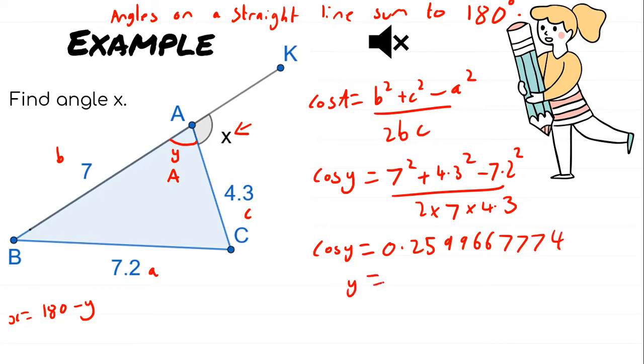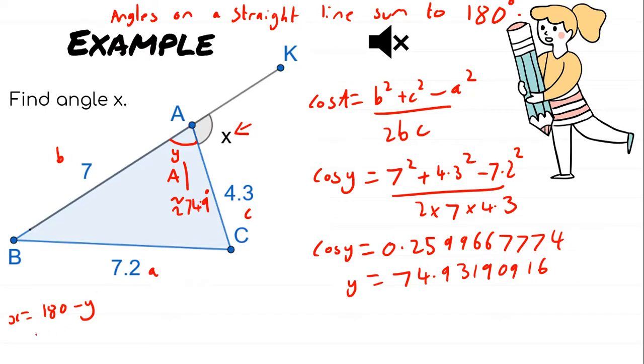So that would be, Y is going to be shift cos the answer, and that's going to give you 74.9319096. So basically this angle here, Y, is about 75 degrees. We'll say 74.9 degrees.